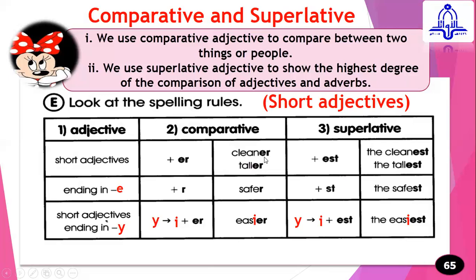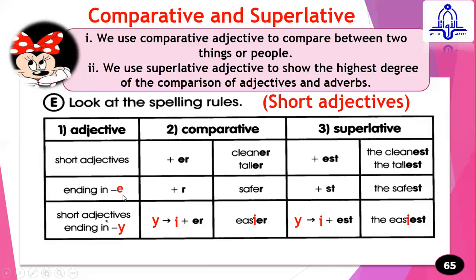For example, cleaner, أنظف, taller, أطول. We add ER to the end of the adjective. It consists of one syllable sound يعني short adjectives. While we add EST سوف نضيف EST في نهاية الصفة اللي إذا كانت متكونة من مقطع صوتي. The superlative will be the cleanest, الأنظف, the tallest, الأطول.